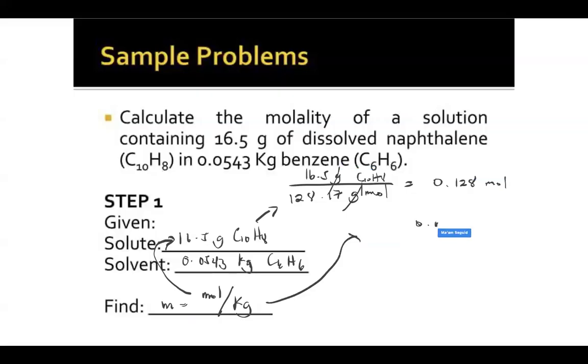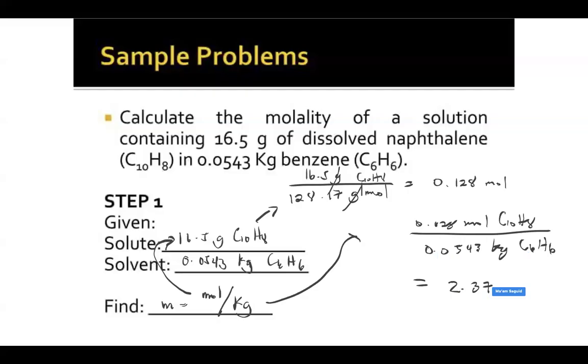So 0.128 mole of naphthalene divided by the kilograms of benzene, which is 0.0543, no conversions needed, kilogram of C6H6. So that will be equivalent to, on your calculators, please, 2.37 or 2.3071 mole per kilogram. So this is our final answer for this.